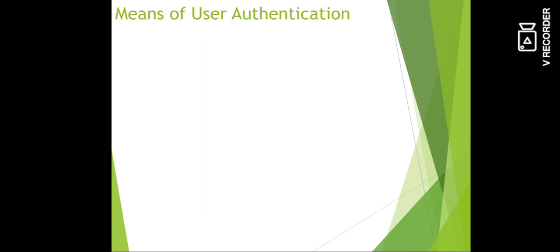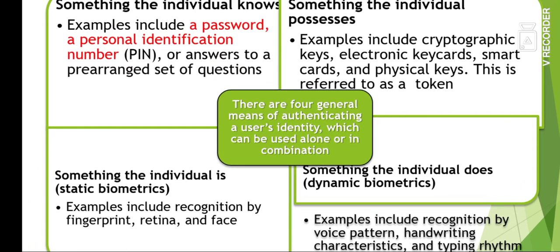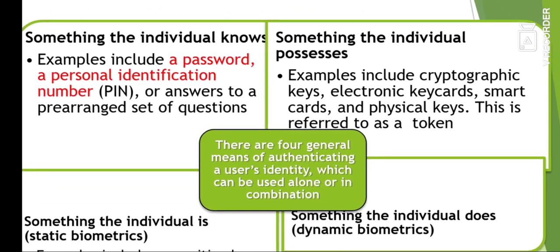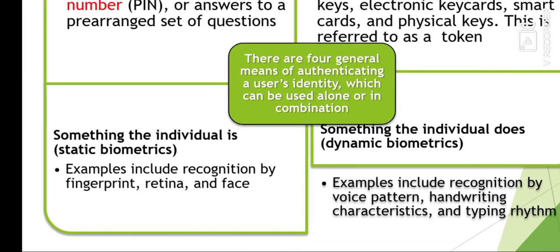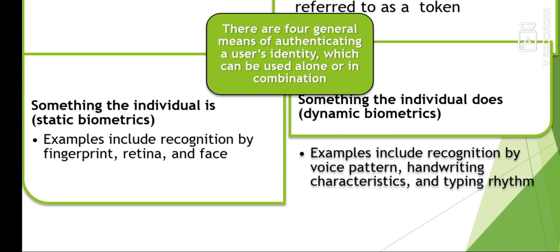So we have four means by which we can perform user authentication: something the individual knows, something the individual possesses, something the individual is, and something the individual does.